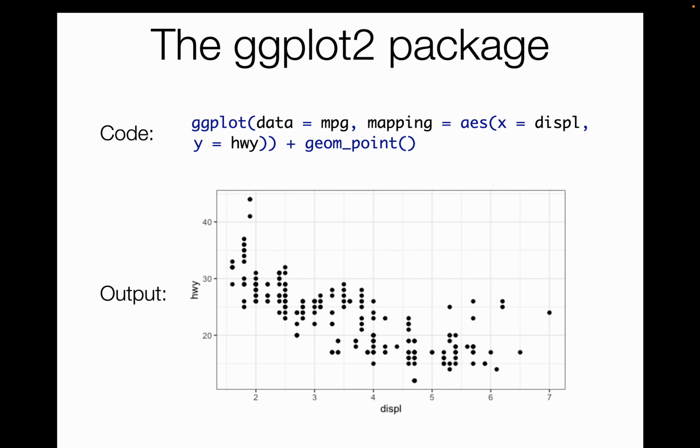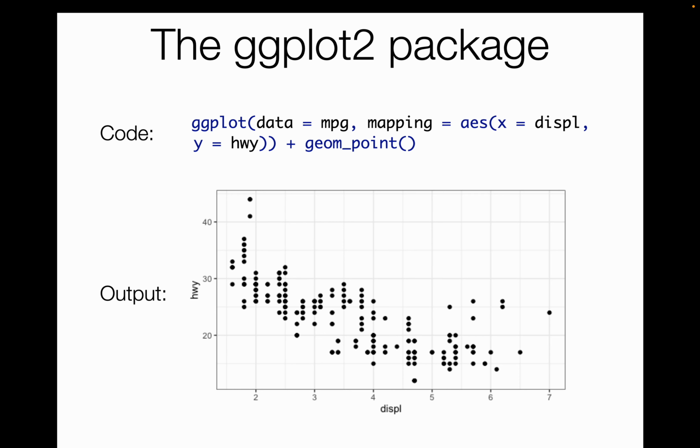That function starts the plotting window, so to speak. So it starts a plot. The ggplot call is a basic call that you're going to start every plot with. It's always going to start with ggplot.